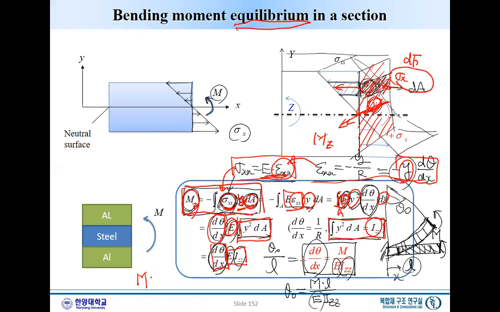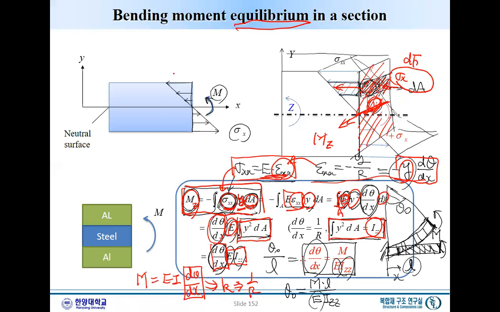See, I will write down moment equals EI d theta dx, or this is what? K, or 1 over R. It's all the same thing.